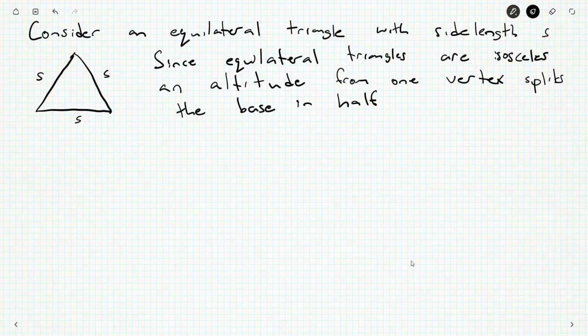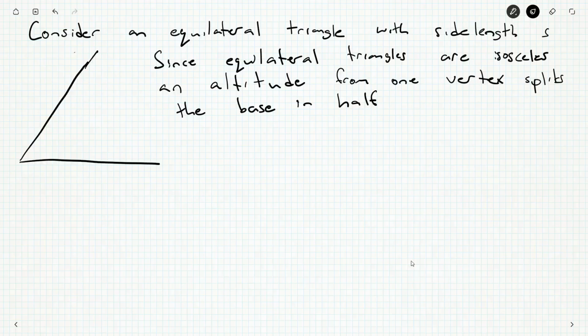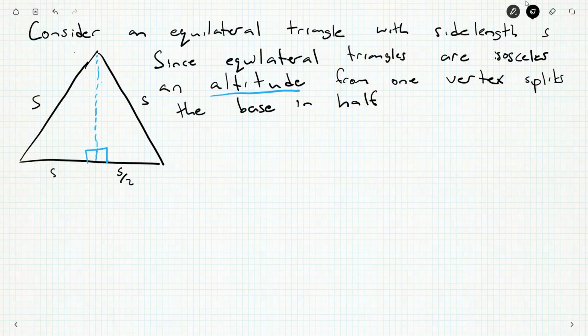I'm going to draw this triangle a little bit bigger. So we have an altitude and it splits the base in half, so we've got S divided by 2 here and S divided by 2 here.